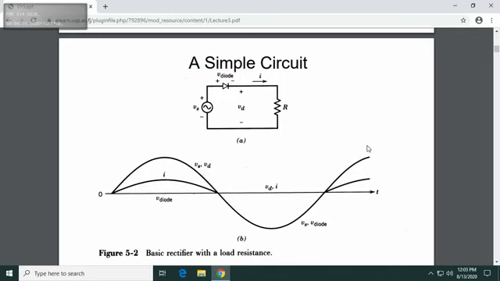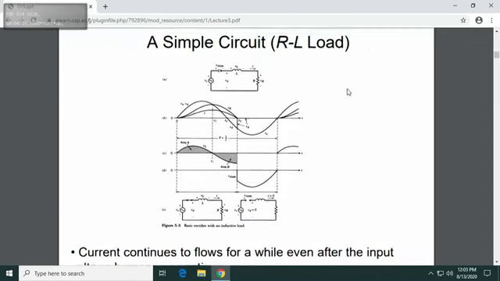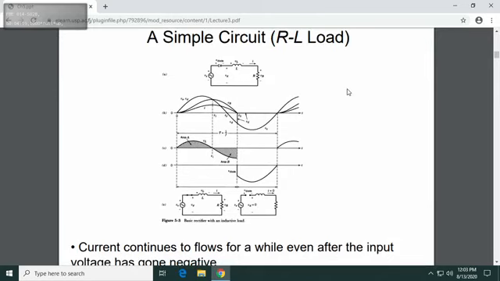Now today we are going to look at the same circuit with an RL load. How does it change? So let's have a look.